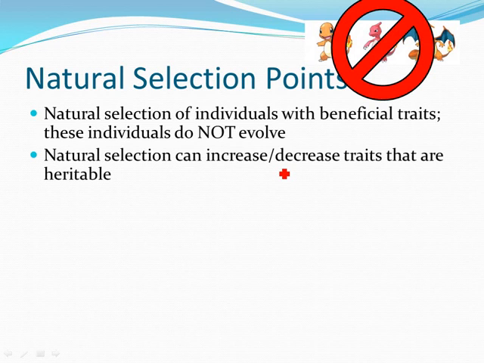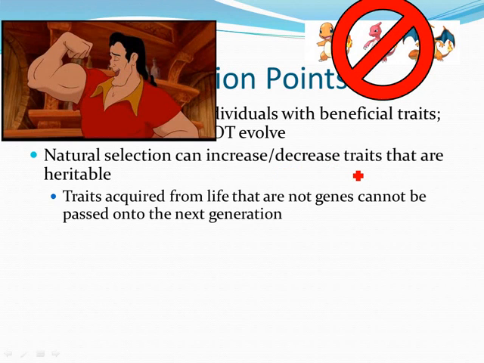Natural selection can either increase or decrease the amounts of traits that are heritable. First of all, traits that are acquired within a person's lifetime are not actually genes, so it's not actually genetics.